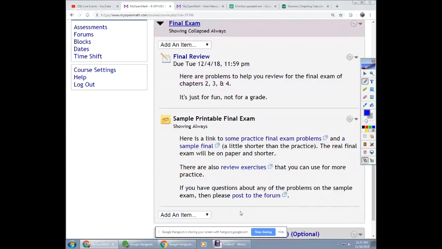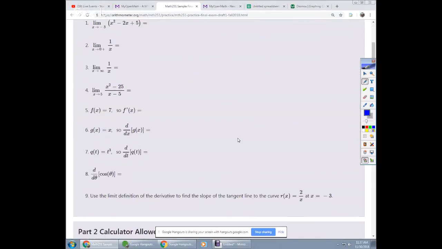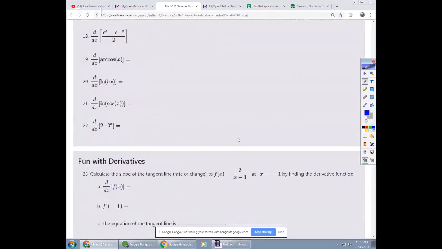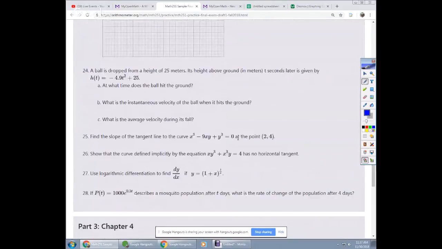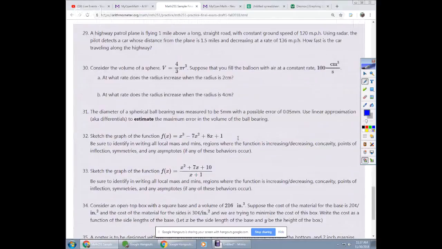All right. So let's take a look at the practice. Okay, beginning, no big deal. You guys got that stuff there. I'm going to go find something much more exciting, like the highway patrol one. That's a good one.